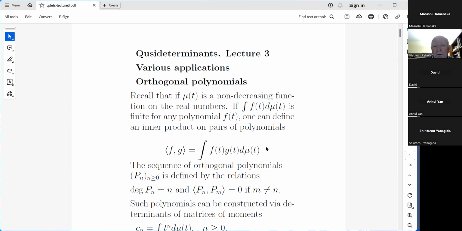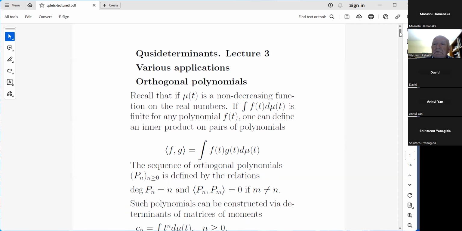And then you have a sequence of orthogonal polynomials, which is defined by the following relations. The degree of P sub n is n, and the inner product between a pair of polynomials with different degrees is 0. Well, that's very classical.